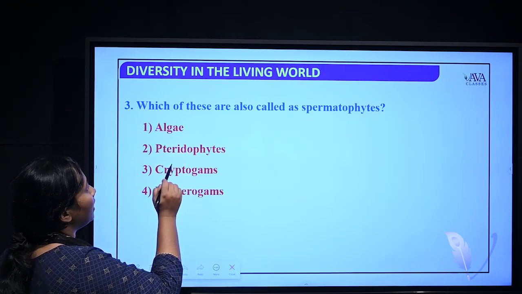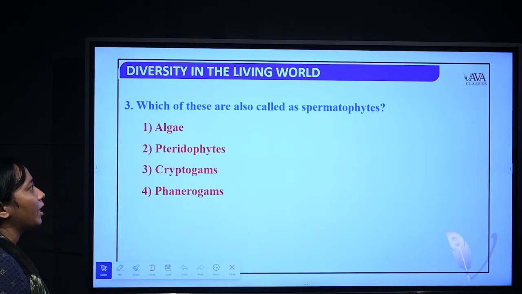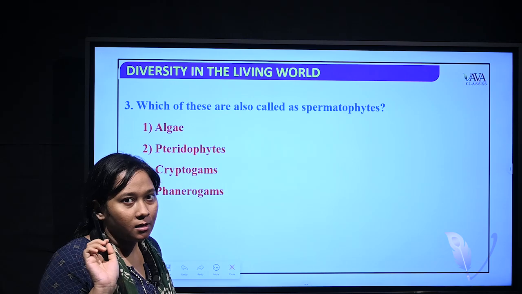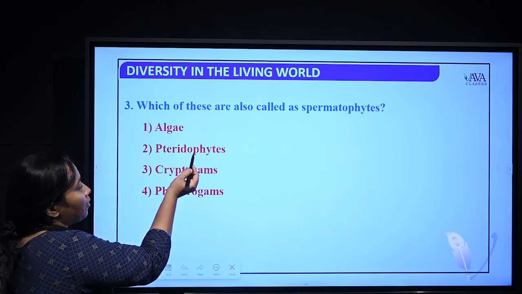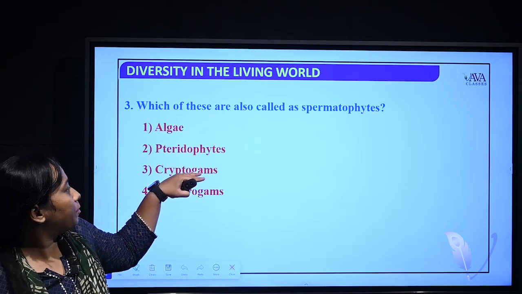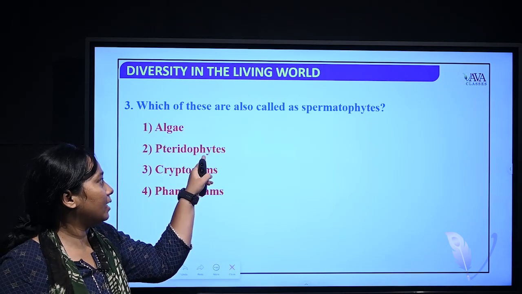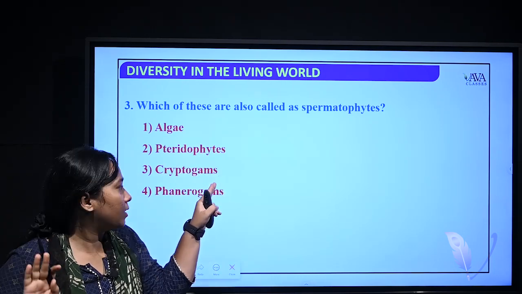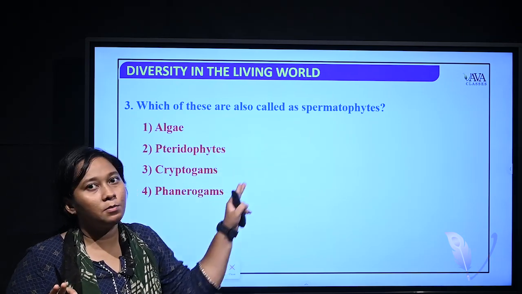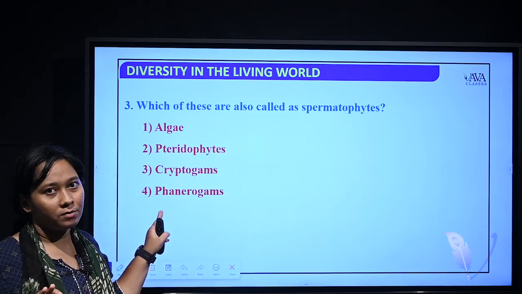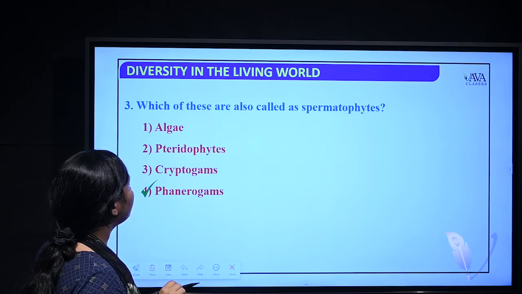In cryptogams we studied three groups: algae, bryophytes and pteridophytes. So what will be the answer here? Spermatophytes belong to phanerogams. Clear? Phanerogams.